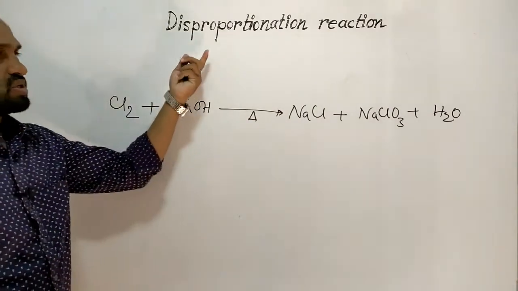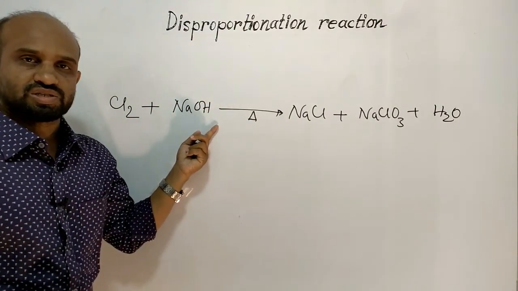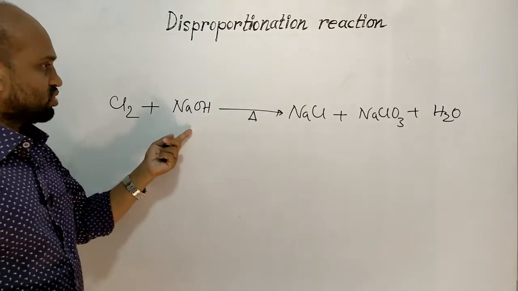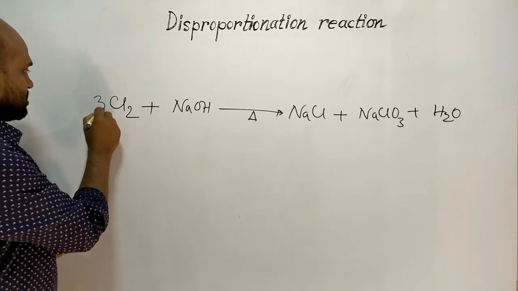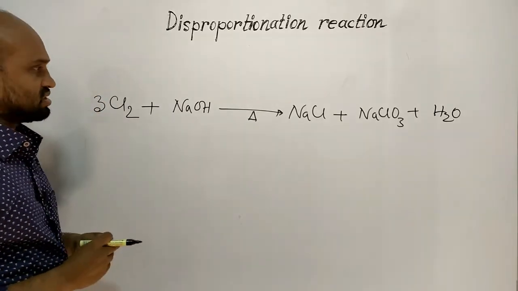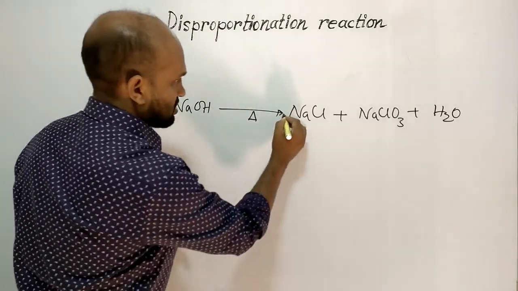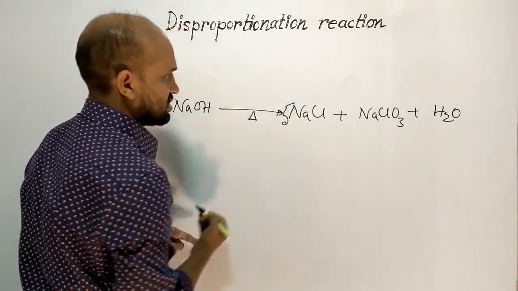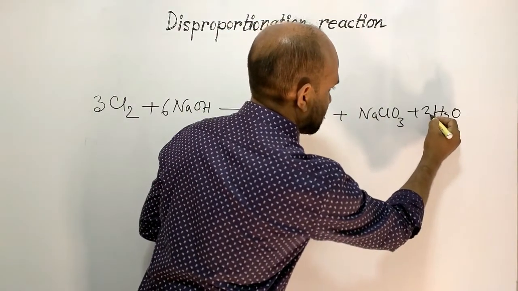At the time of disproportionation reaction, the reaction must be balanced. When this reaction is balanced, then here there will be 3, here it will be 6, here it will be 5, and here it will be 3.